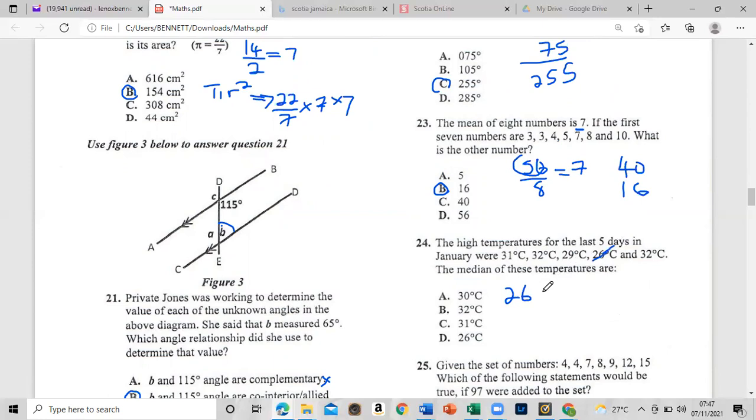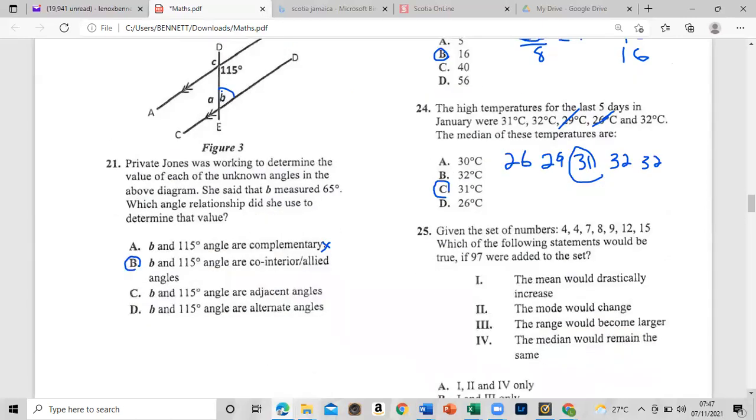Next we have 29, then 31, and then we have 32 and 32. I look for the middle number, that's what median means. So it's 31.